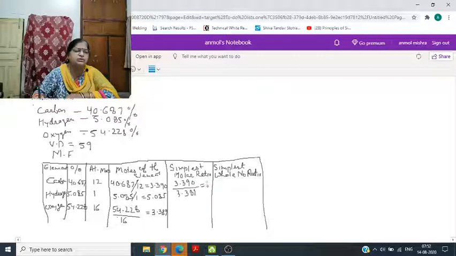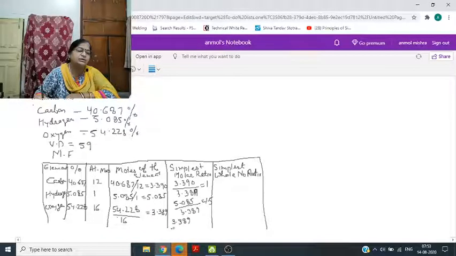The first is equal to 1. Second, 5.085 divided by 3.389, is equal to 1.5, and last it will be equal to 1.